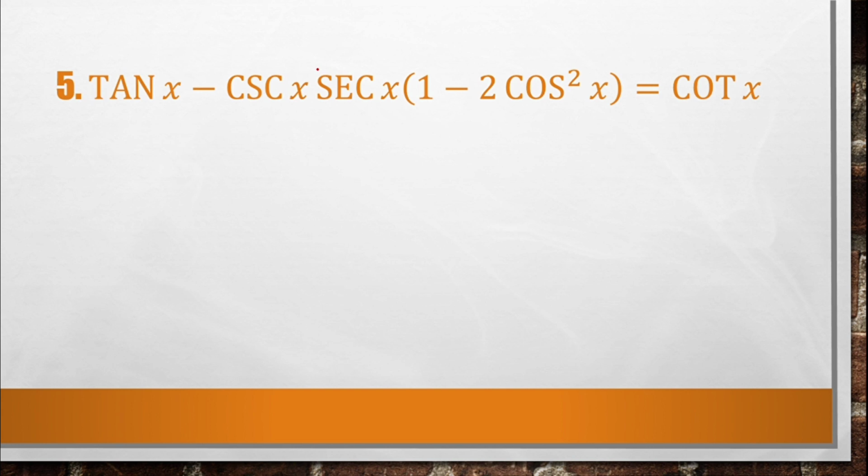So let's have number 5. So the first thing that we're going to do when we cannot find any identity to this part is express all those terms in terms of sine and cosine.